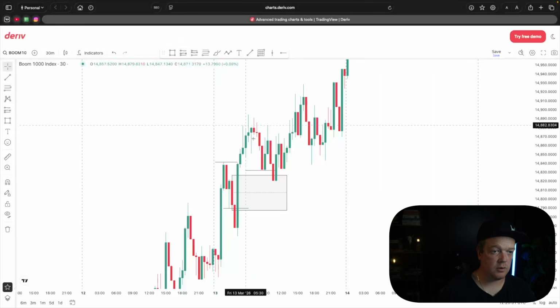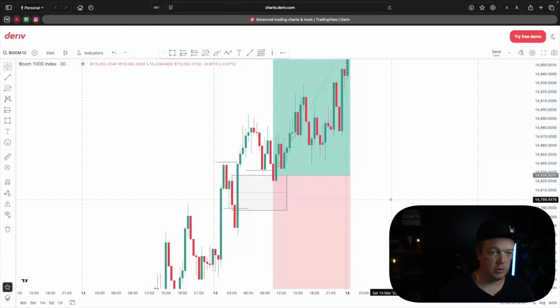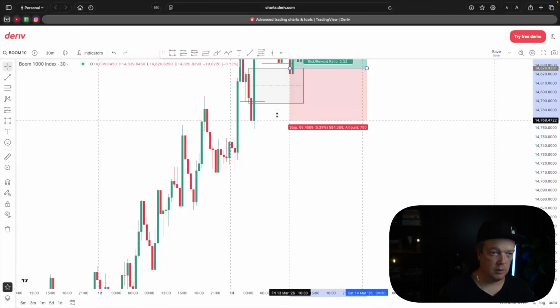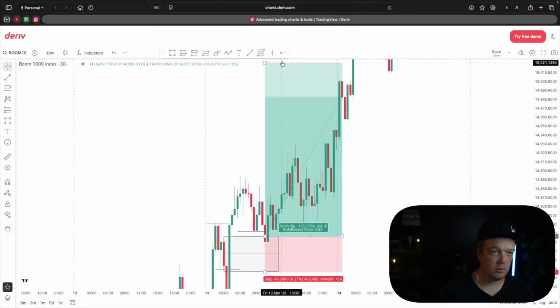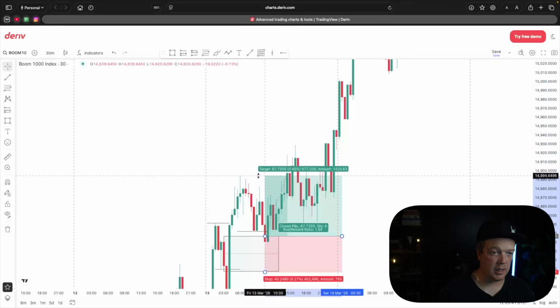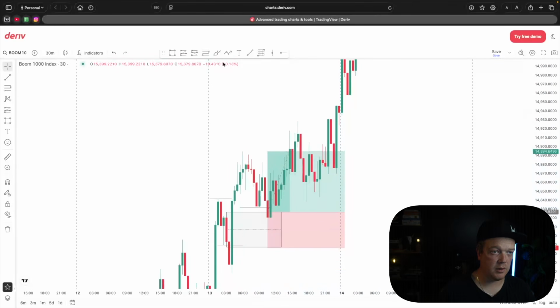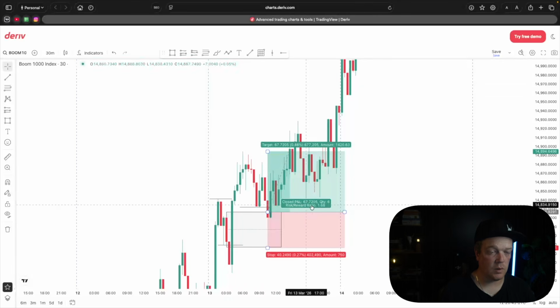So if you enter your trade literally here, you put your stops below this zone right over here, and we are going to target the high that was formed. That's that one there, and that is a 1 to 6.8 risk to reward trade by entering there.